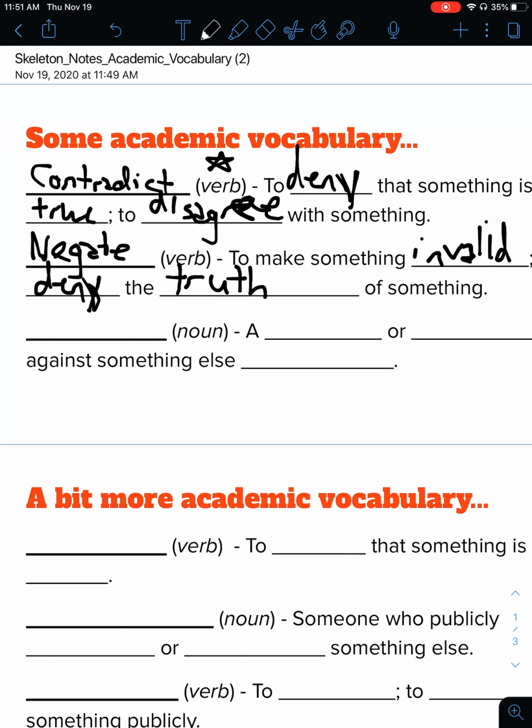Now, the other word that we want to talk about, think about your favorite court drama on TV, and we use this word all the time. It is called an objection.